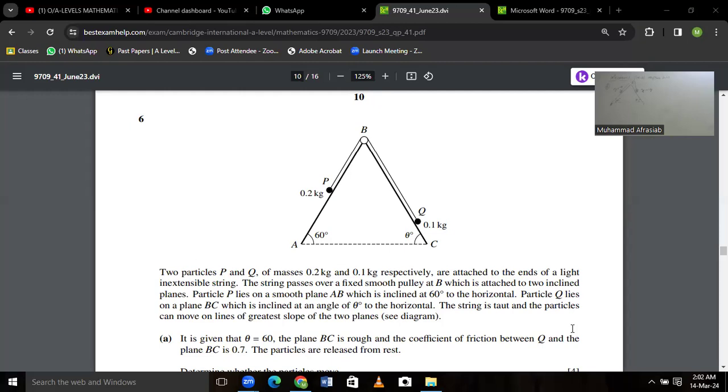Particle Q lies on the plane BC, which is inclined at an angle of theta to the horizontal. The string is taut and the particles can move on the line of greatest slope of the two planes. It is given that theta is equal to 60 and the plane BC is rough. The coefficient of friction between the particle Q and the plane BC is 0.7. The particles are released from rest.